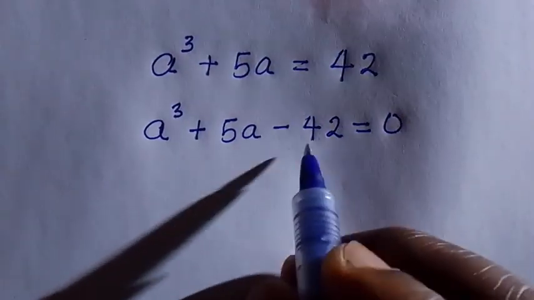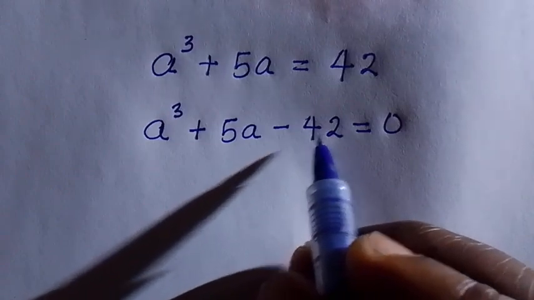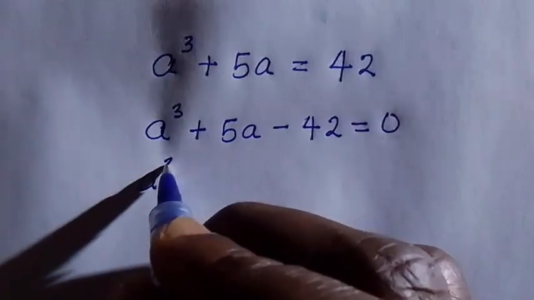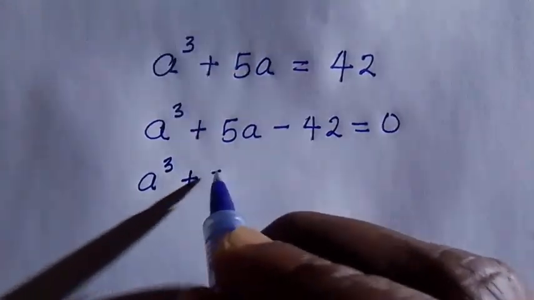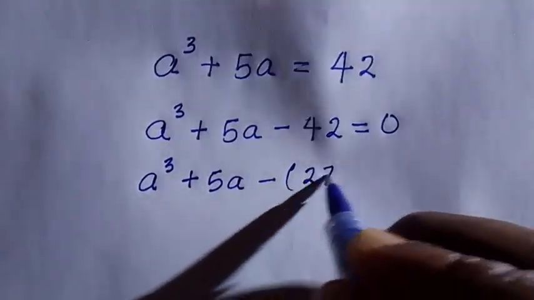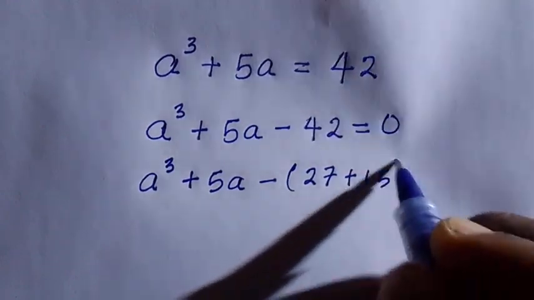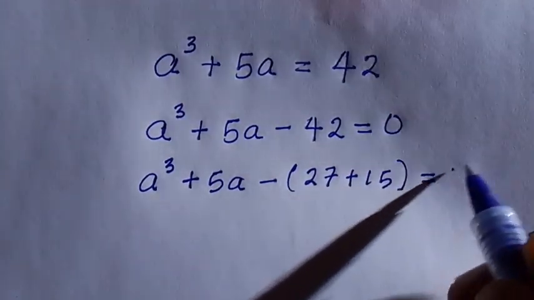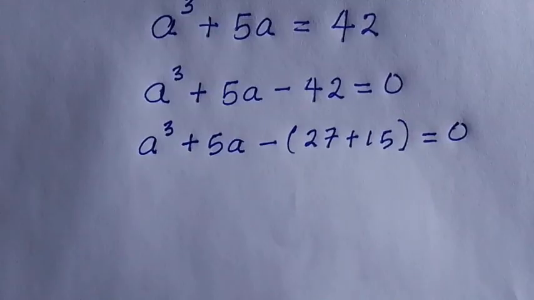Next, we have to break this 42 down as a to the power of 3 plus 5a minus, in brackets, 27 plus 15, so this gives us 42, then everything equals 0.